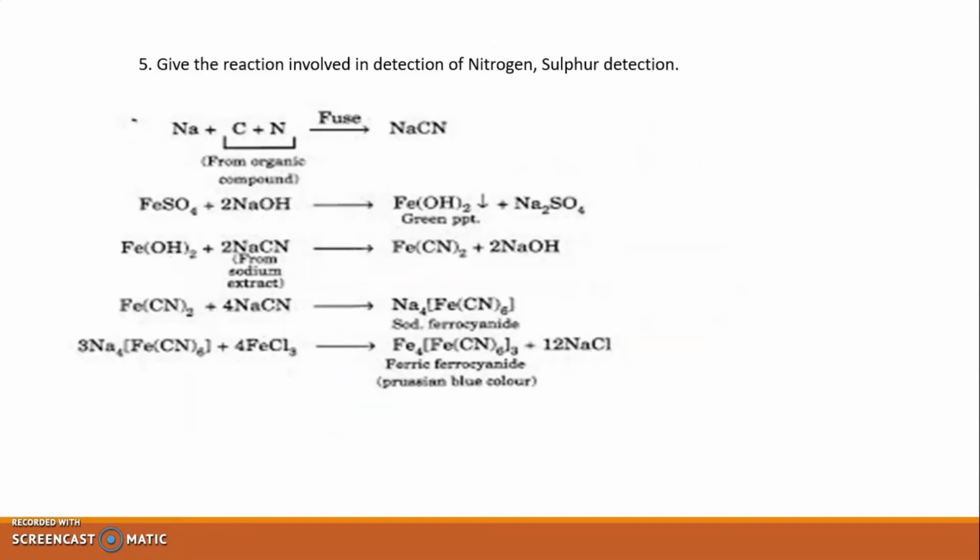Next question: give the reaction involved in the detection of nitrogen and sulfur. When sodium reacts with nitrogen along with carbon when fused, sodium cyanide is generated.